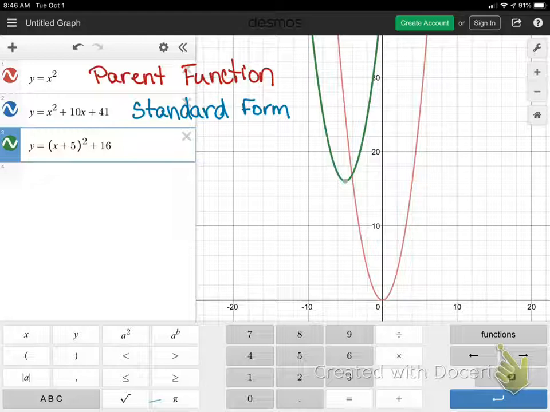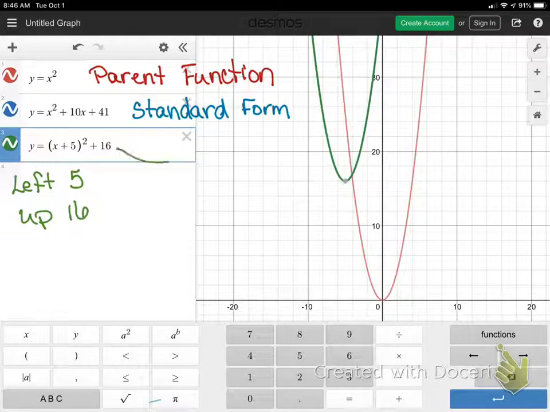Our parent function, which is x squared, for the green graph, moves left 5 and up 16.